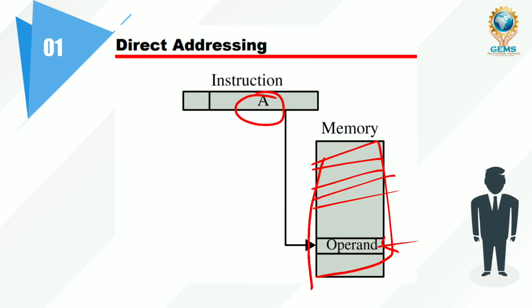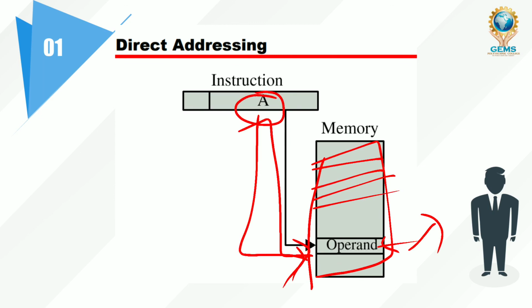Direct address means it points directly to this one, with no mediators in between. Some data is here, and this directly points here. This is called direct addressing.